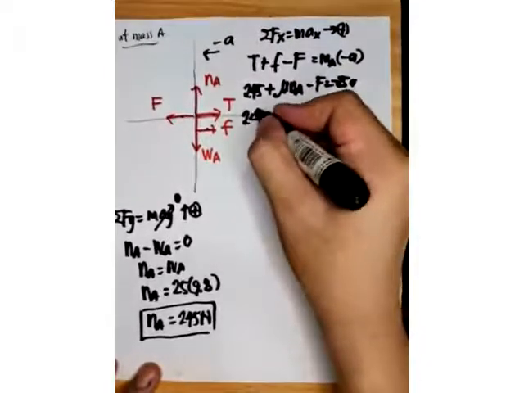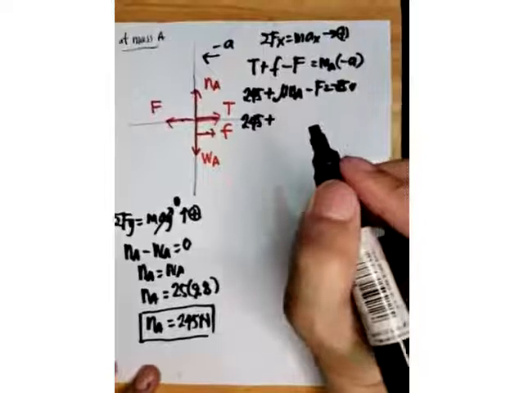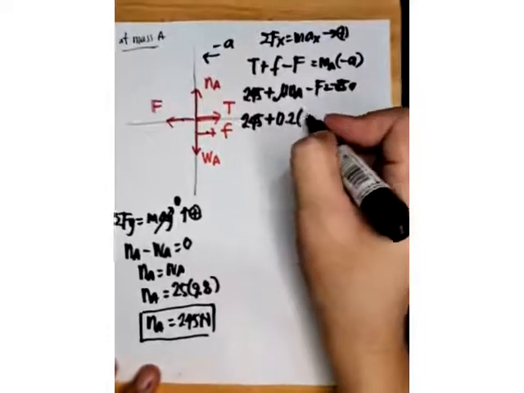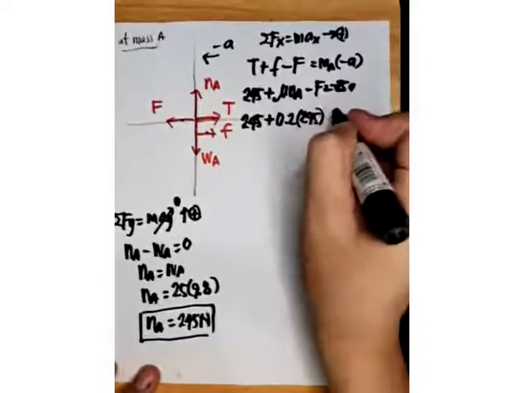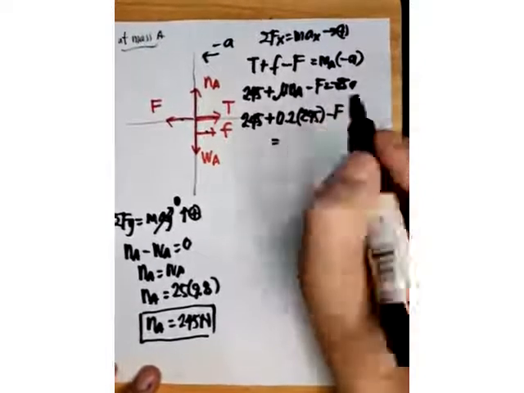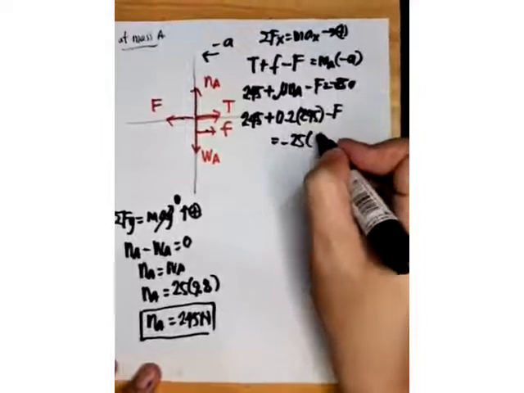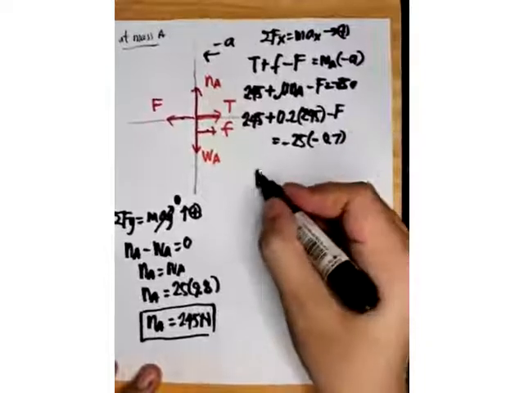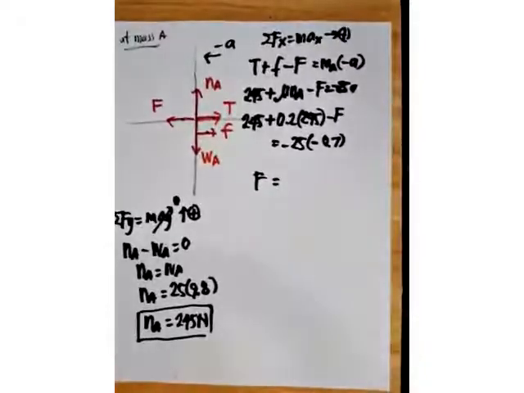So 245 plus coefficient of friction is 0.2 times 245 minus F is equal to negative 25 times negative 0.7. So what is the frictional force?